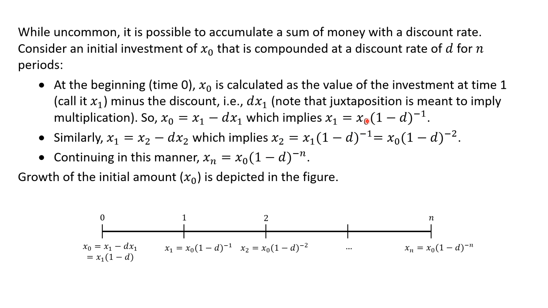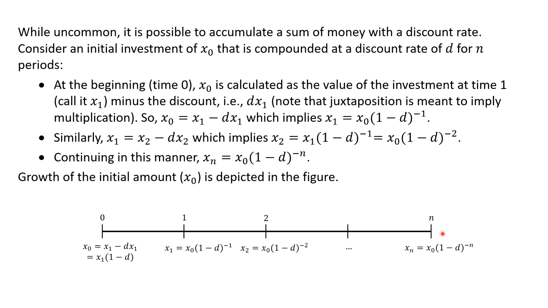But we already solved for x1 in terms of x0, so you can plug that into here. And you get x2 equals x0 times 1 minus d to the minus 2. And then you can continue that for the third and the fourth and so on. And finally you get to the nth period, and xn equals x0 times 1 minus d to the minus n power. So if you contribute x0 here, you would end up with this much money using these discounts at each point along the path here.